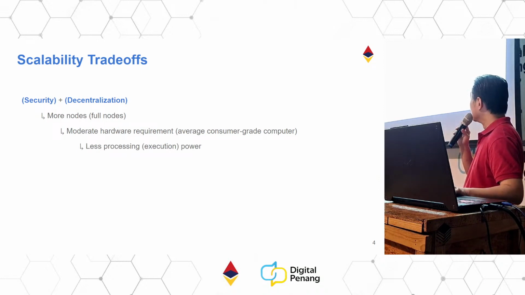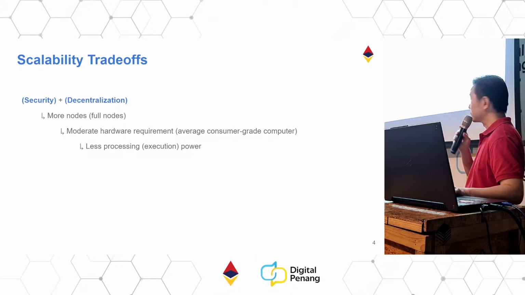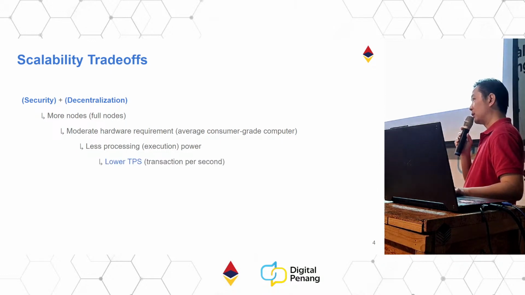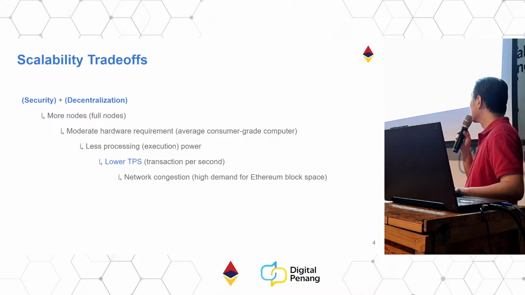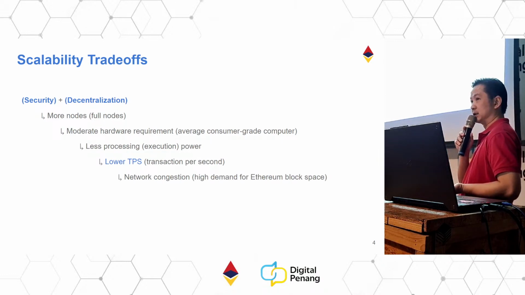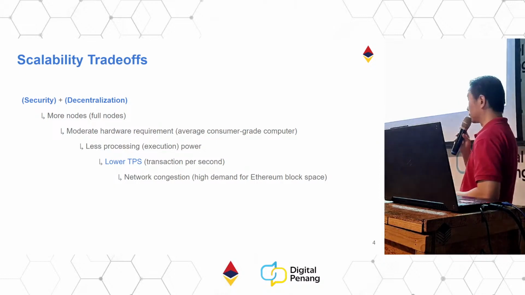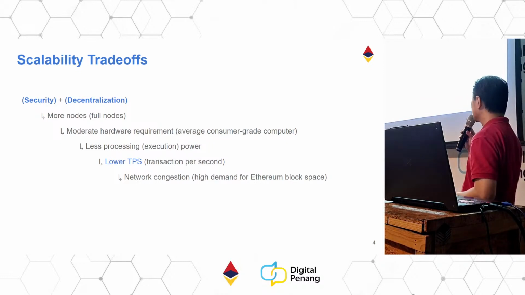And with this less powerful hardware, it comes with less processing power, right? And because of less processing power, it leads to lower TPS, transactions per second. And because we are processing fewer transactions, the network becomes congested, because Ethereum resources are very scarce, the block space is very scarce, but there is a lot of demand for the block space.